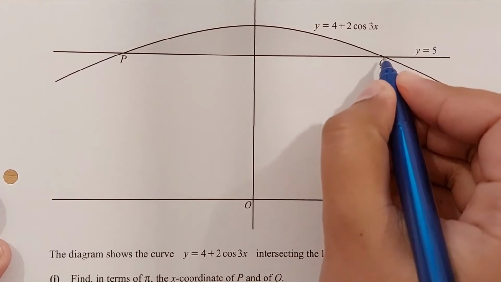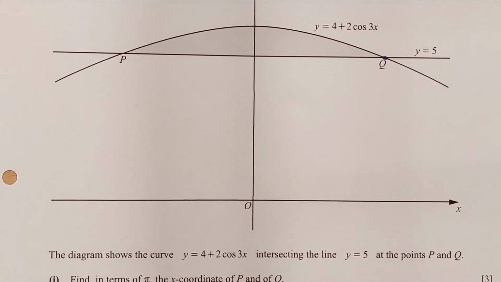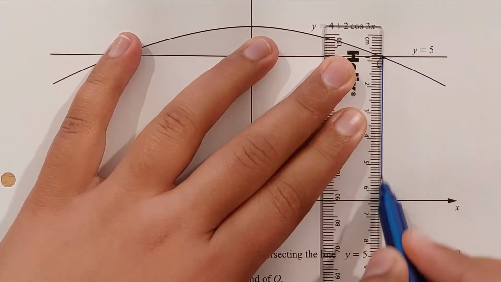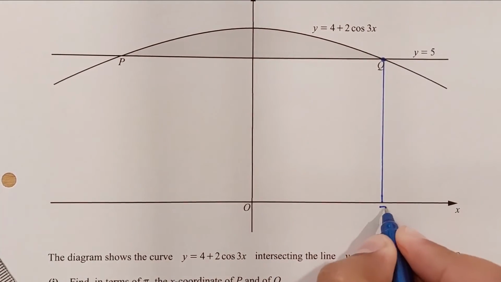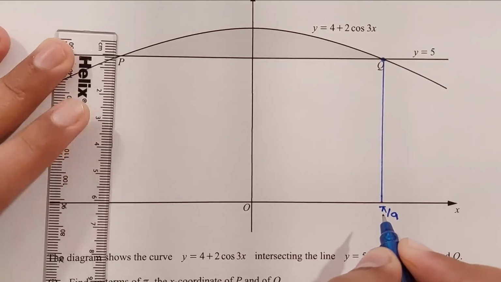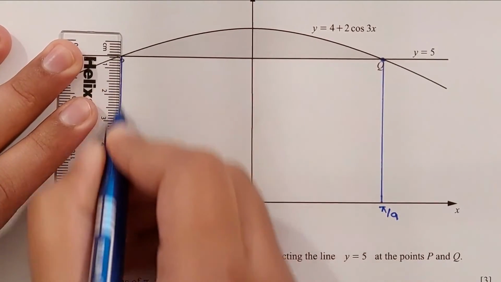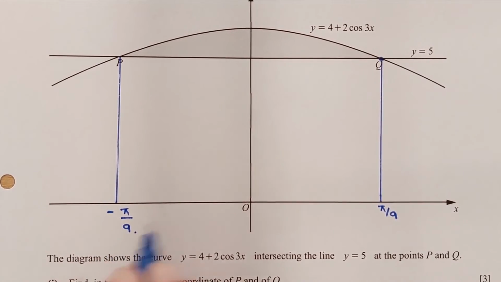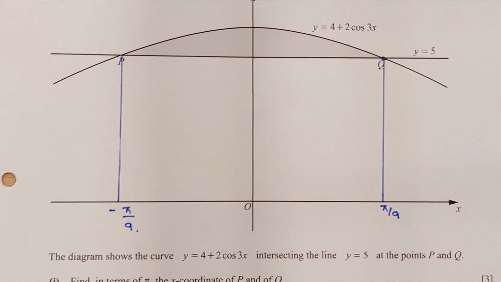So the x coordinate of Q is pi by 9, and the x coordinate of P is minus pi by 9, because the cosine function is symmetrical.